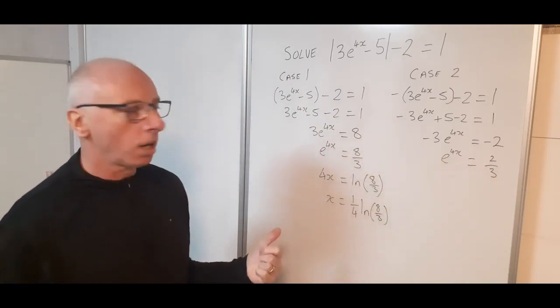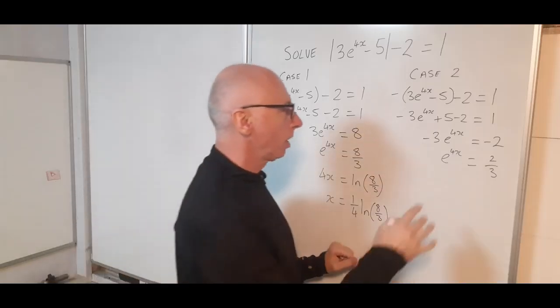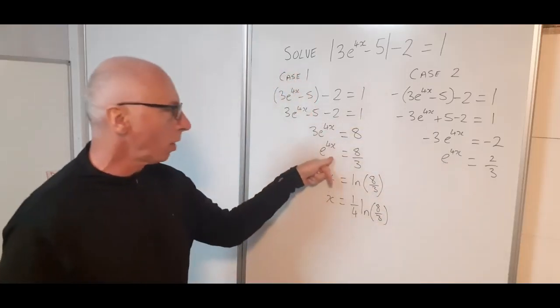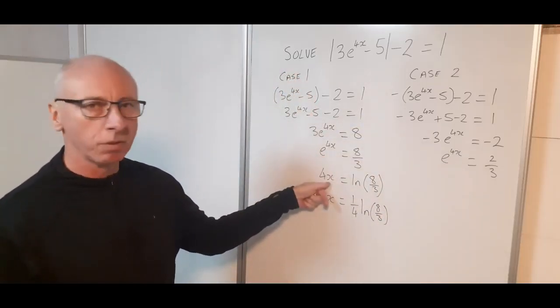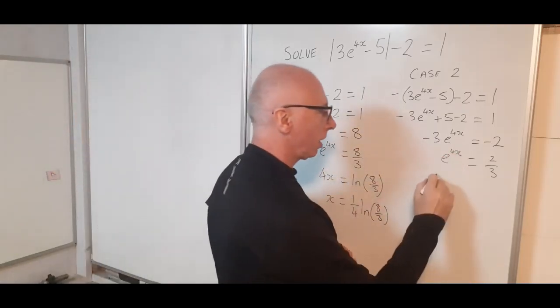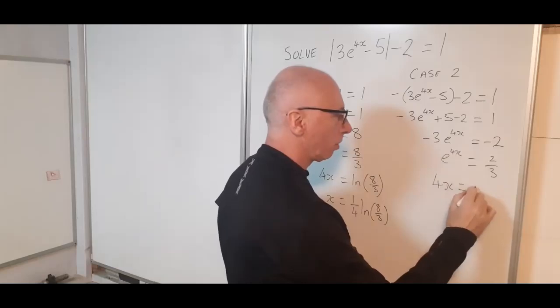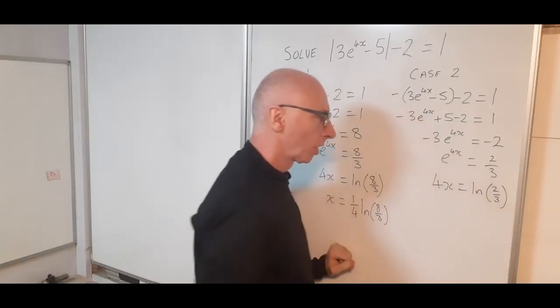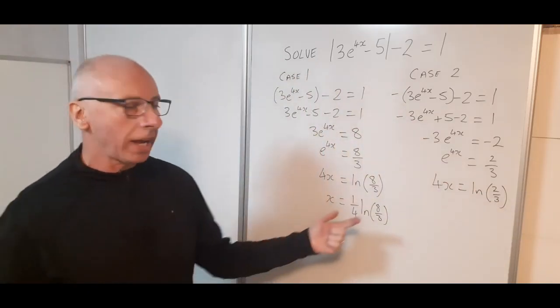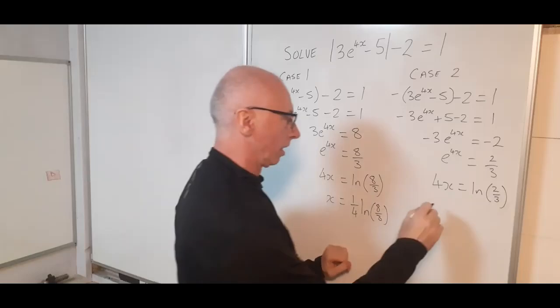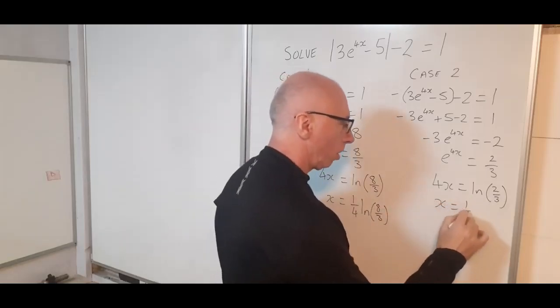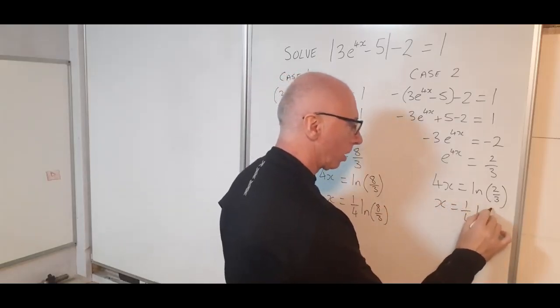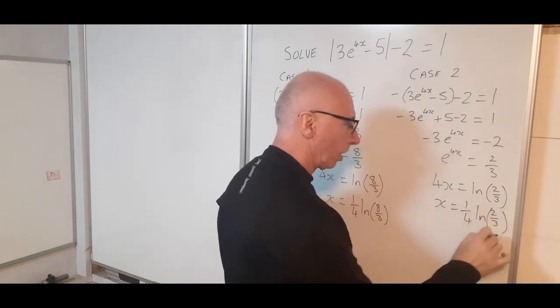And now I can log both sides. So take the log of that, it's just the same as what happened at this step, just end up with what's in the indices. So I've got 4x equals the natural log of 2/3. Okay, so now x is just 1/4 of that. So x equals 1/4 of the natural log of 2/3.